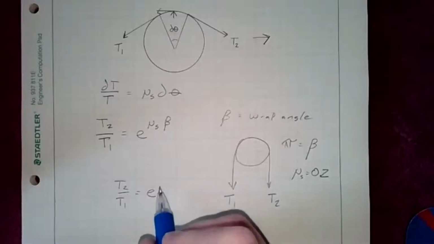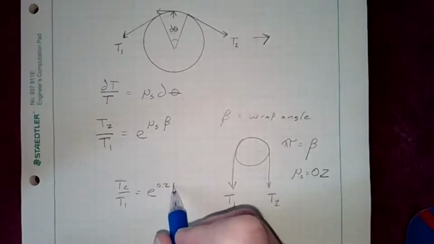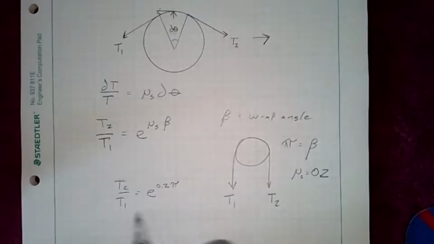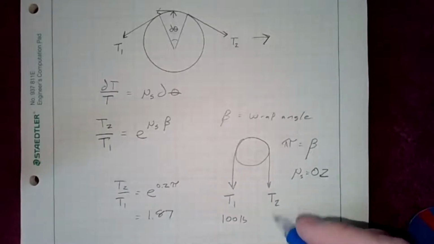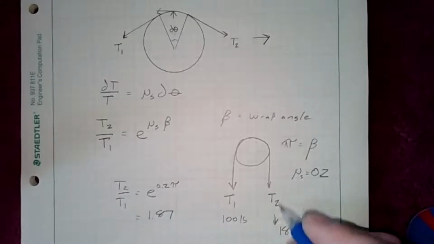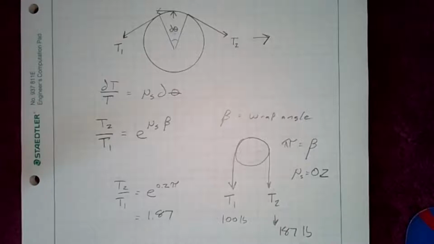So what we'd end up with is 0.2 times pi, and we end up with a ratio of 1.87. So that means that if there's 100 pounds hanging off of here, it's going to take me 187 pounds of force to pull this down here. Okay. And that's really all there is to it from a standpoint.